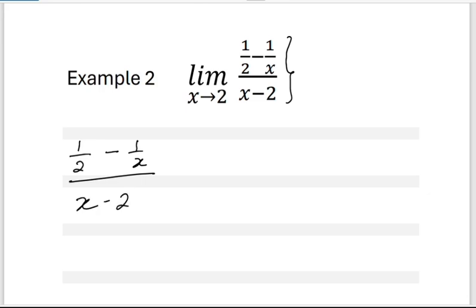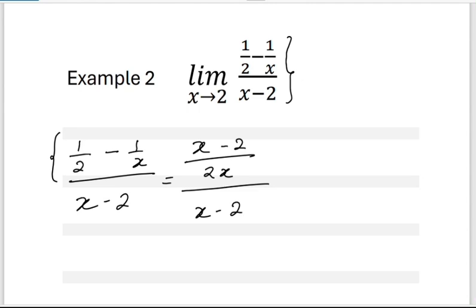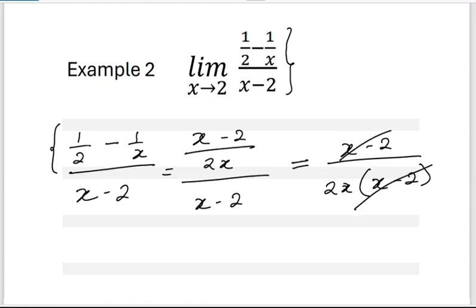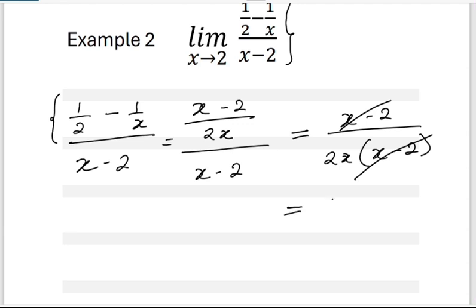So simplifying the numerator, this is simply going to give us x minus 2 over 2x all over x minus 2. Okay, and this is simply x minus 2 all over 2x into x minus 2. So at this point, we can easily cancel this, and if we do, we're going to have that this is simply 1 over 2x.